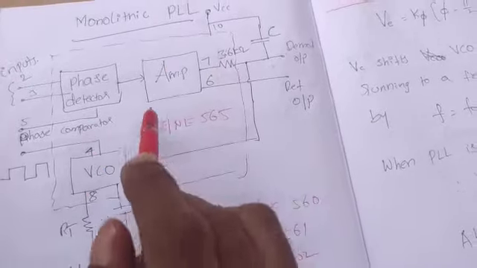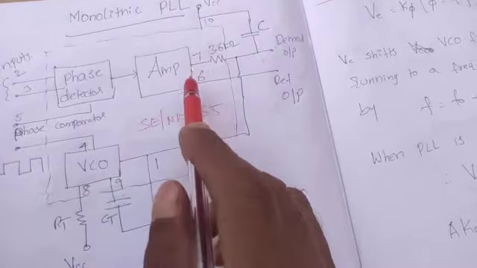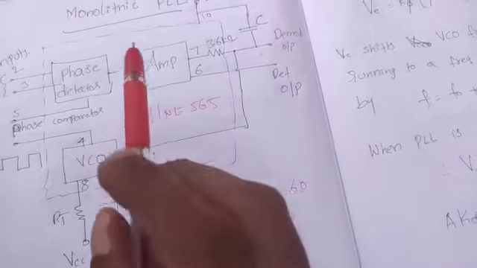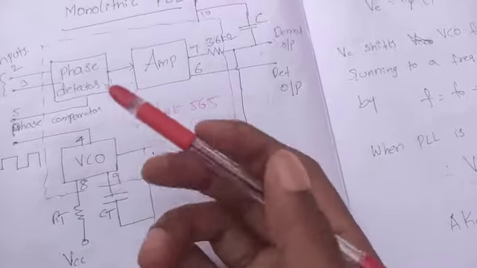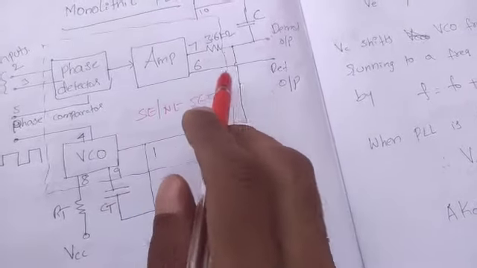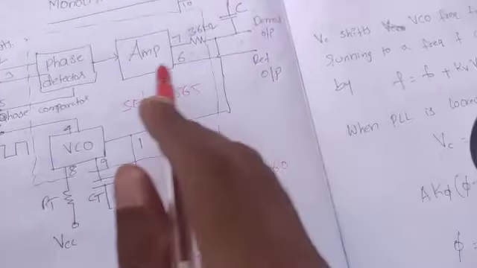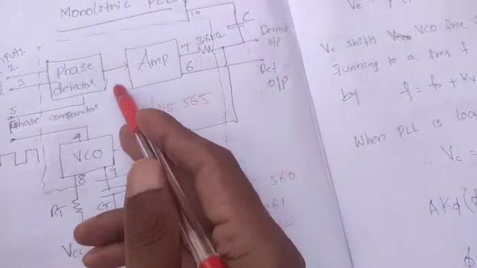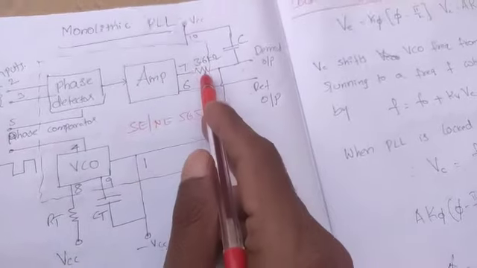Actually what we discussed is, a phase detector applied to the low pass filter and then to the amplifier. When the output is generated by the phase detector, it will block the high frequencies, allow the low frequencies through the low pass filter, then it will amplify. But here, whenever the phase detector gives the output signal, it will amplify first, then eliminate the high frequencies.